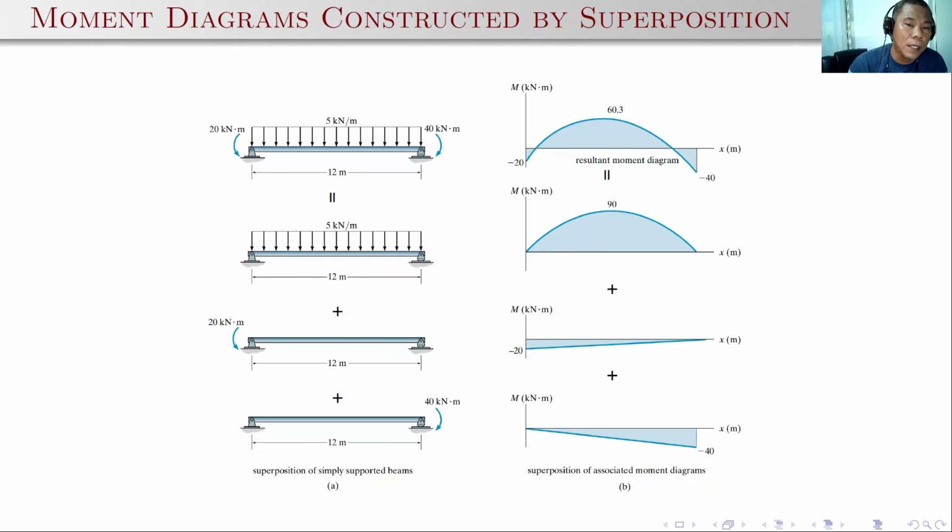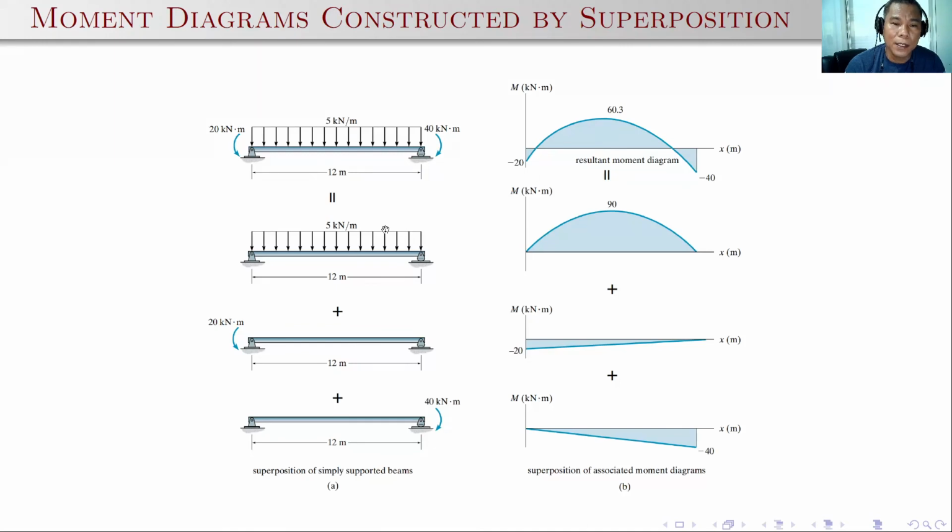Of course, this is a uniformly distributed load with a couple at both supports. So it will give us this resultant moment diagram. Again, this is quite a complicated moment diagram, and if we look for the area and the centroid, it would be difficult for us.